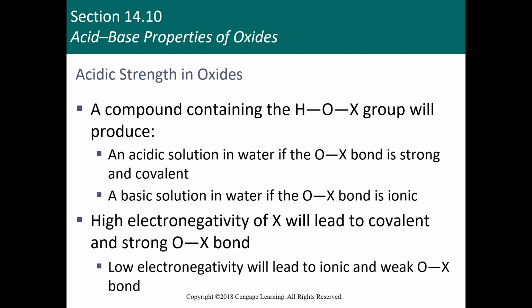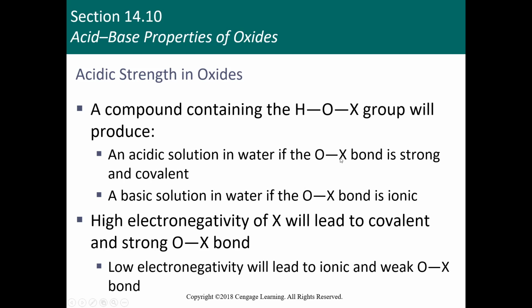So let's talk a bit more about acidic strength in oxides. A compound containing the HOX group will produce an acidic solution in water if the OX bond is strong and covalent, and a basic solution in water if the OX bond is ionic. Think of it this way: sodium hydroxide is a strong base.